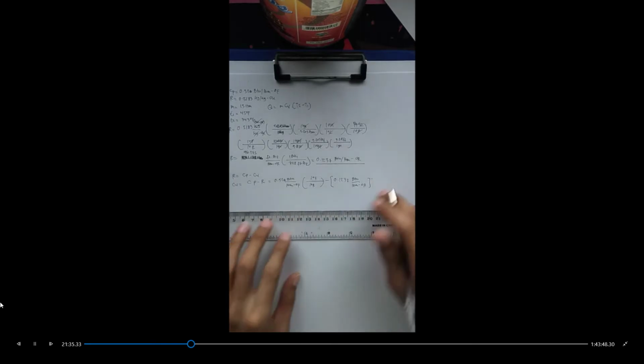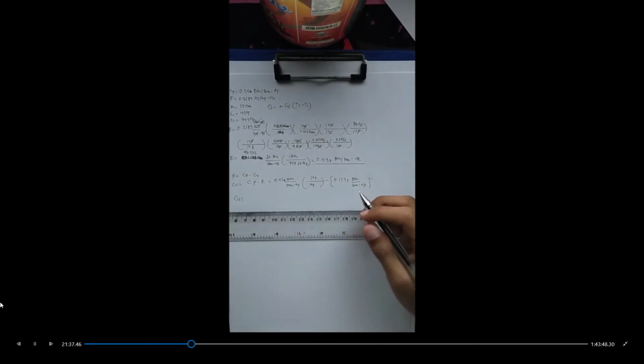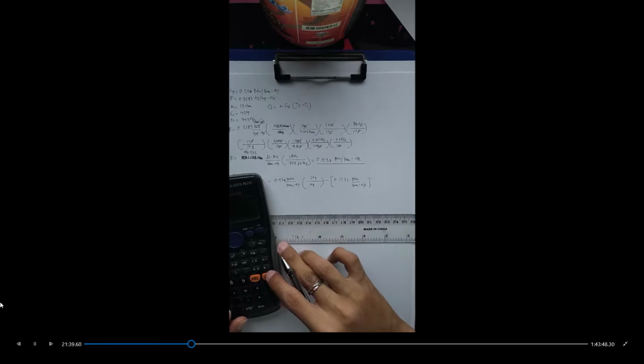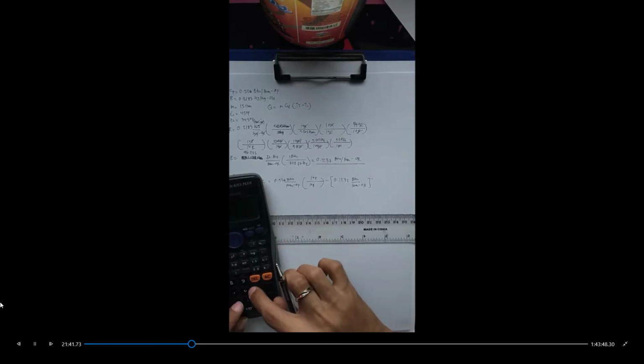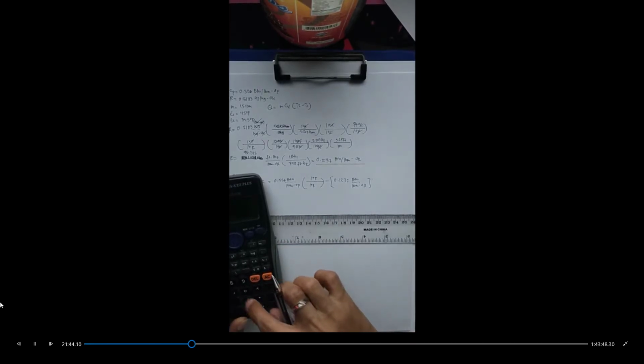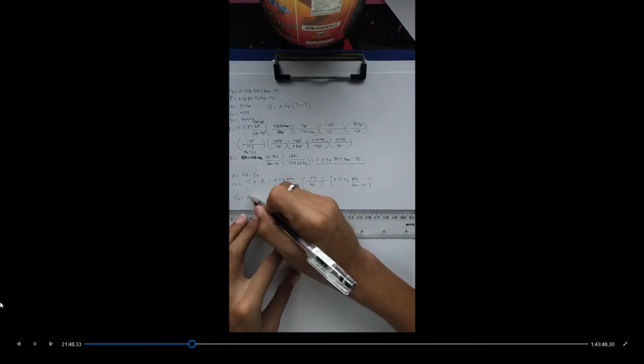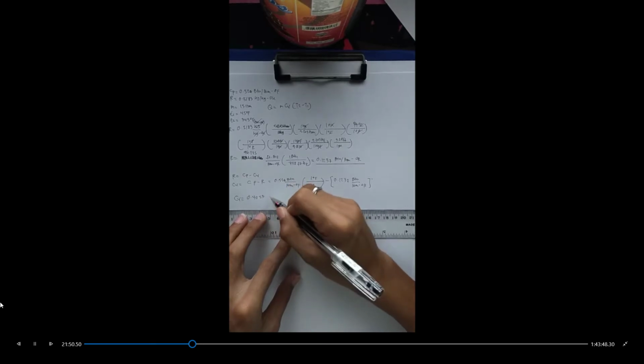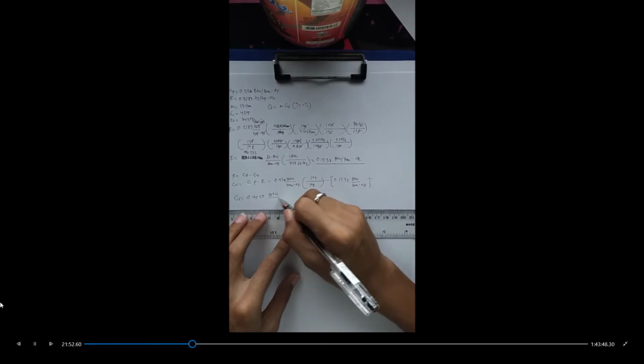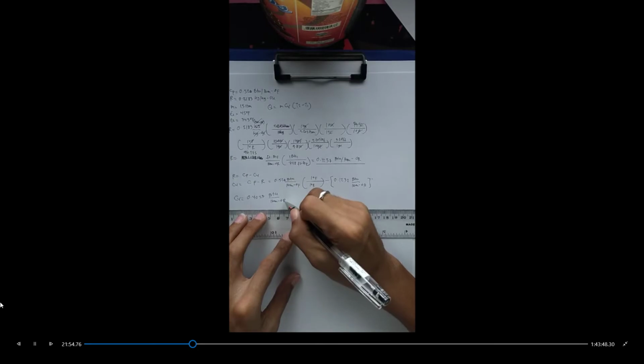So we can now directly deduct this one. So Cv now becomes 0.526 minus 0.1237. So my final answer for Cv, 0.4023 BTU per pound mass degree Rankine.